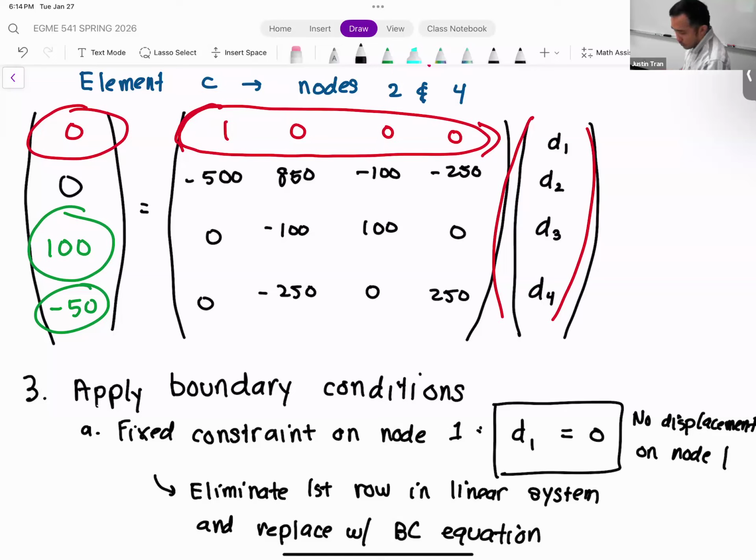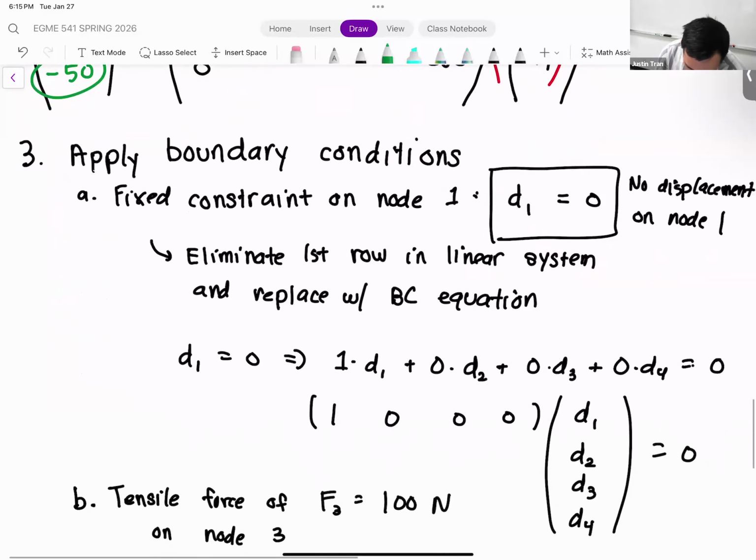So the question is, for the Dirichlet boundary condition, why do we modify the matrix to be this 1, 0, 0, 0? This row here is a representation of our Dirichlet boundary condition, because for a fixed wall, we're basically saying any node attached to that wall is going to be 0, right? So we have this equation here, D1 is equal to 0.